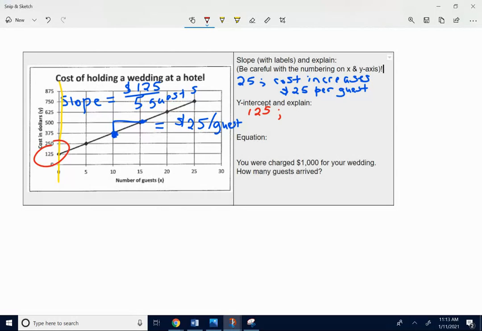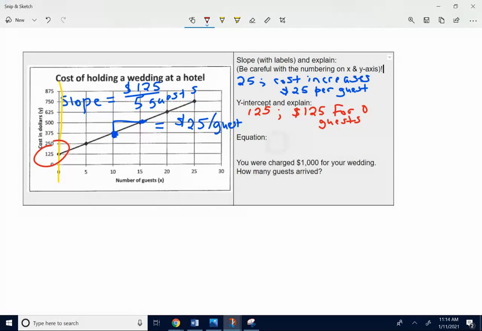So I'm going to put the y-intercept is $125, and we're charged $125 before we have any guests coming at all. And then the slope of 25 means we're charged an extra $25 for every guest.